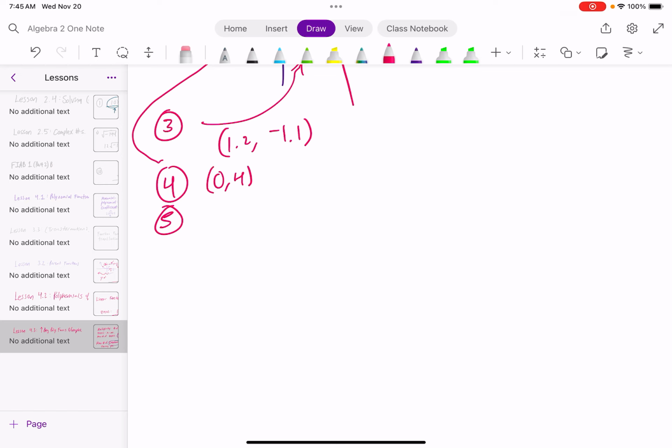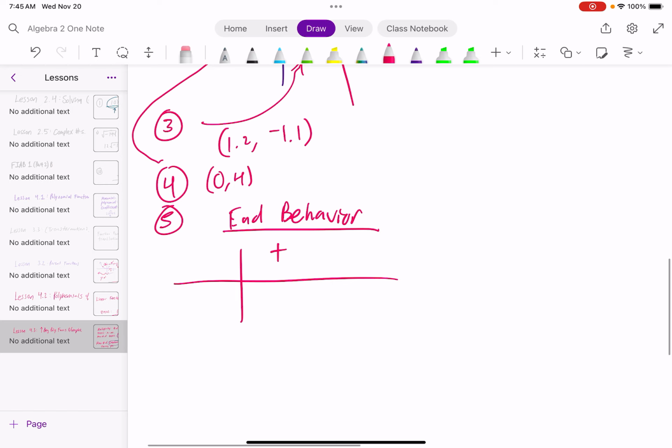Number 5 is determine the sign of the leading coefficient and whether the function is even or odd. Okay, so now there's some learning here. Basically, you have this cool end behavior chart. We have the positive leading coefficient and the negative leading coefficient.